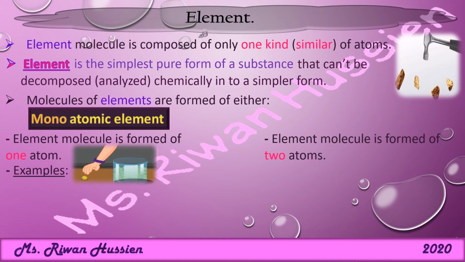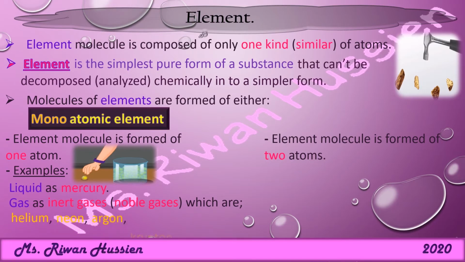Examples of monoatomic element molecules, as we said before, that there are 3 states of matter. So we have liquid monoatomic element as mercury, gas monoatomic element as a group of inactive gases known as inert gases or noble gases, which include helium, neon, argon, krypton, xenon, and radon.